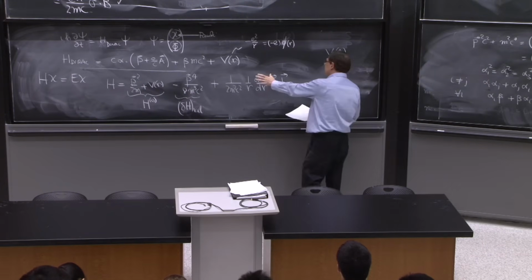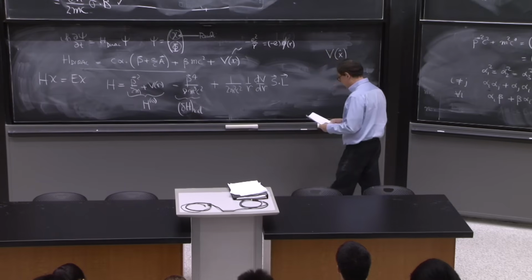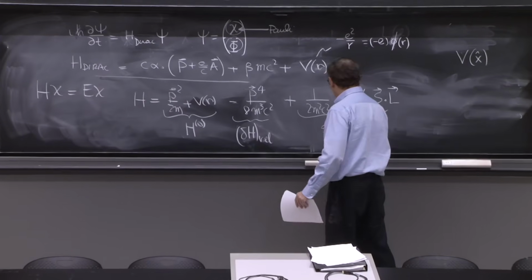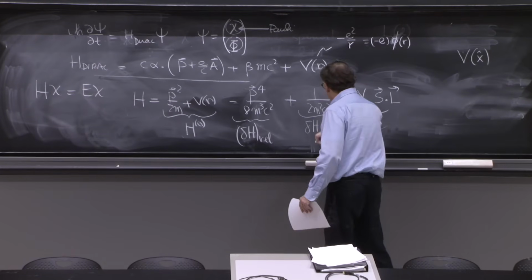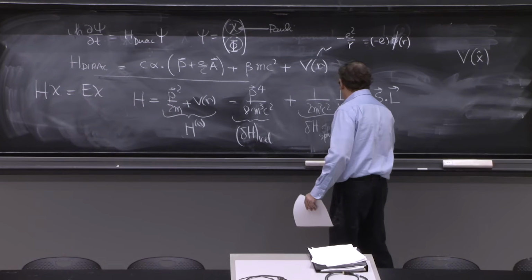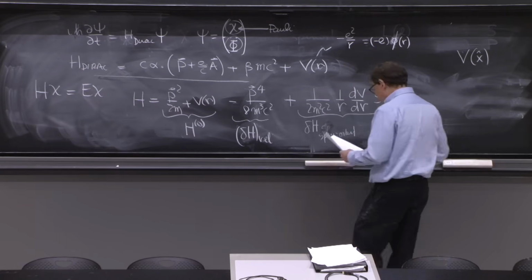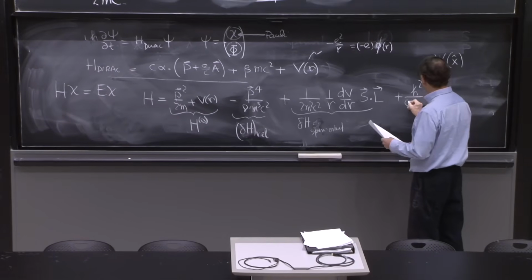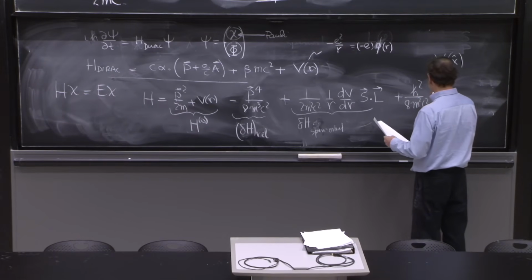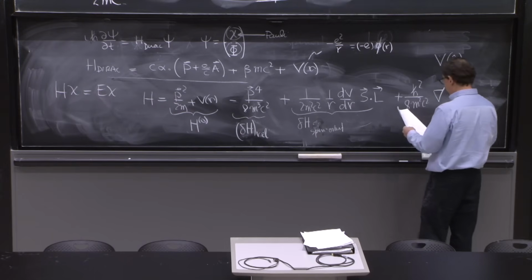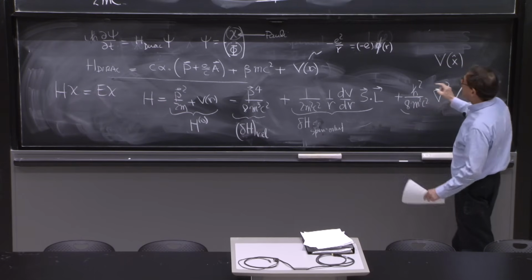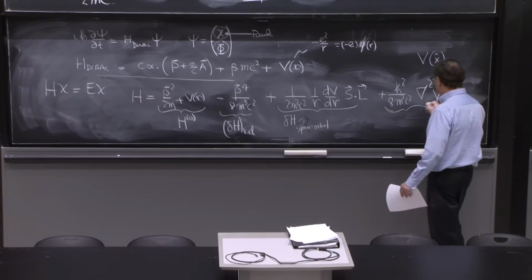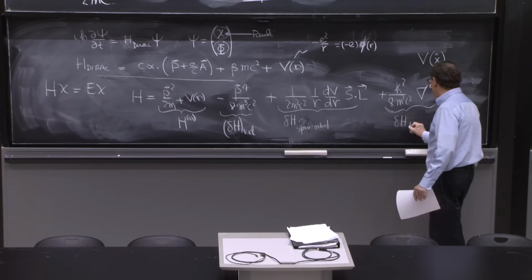But here it comes out directly with the right number. This is called spin-orbit coupling, delta H of spin-orbit. And there's one more term, plus h bar squared to this order, 8m squared c squared, Laplacian of V, which is called the Darwin term, delta H Darwin.